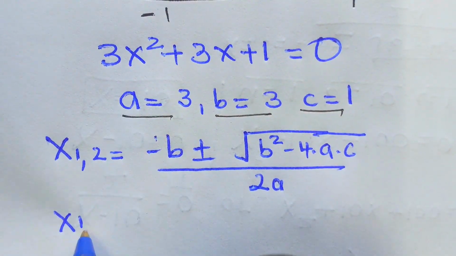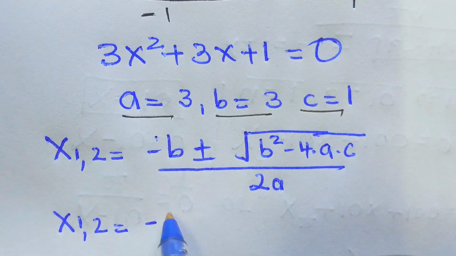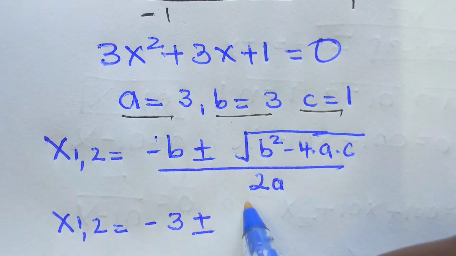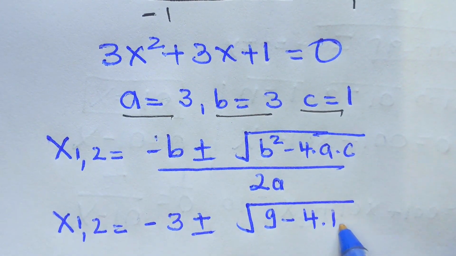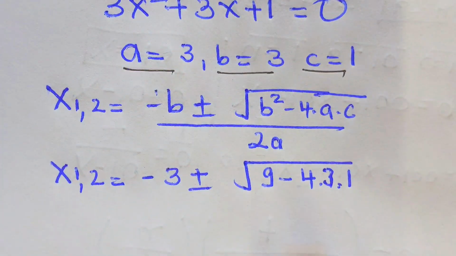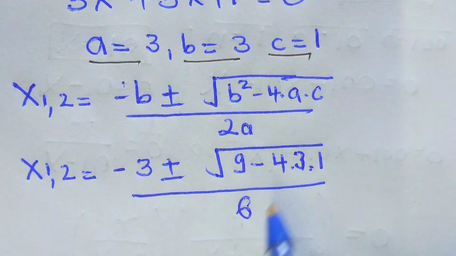So x1 and x2 will be negative 3 plus or minus the square root of 9 minus 4 times 3 times 1, over 6.